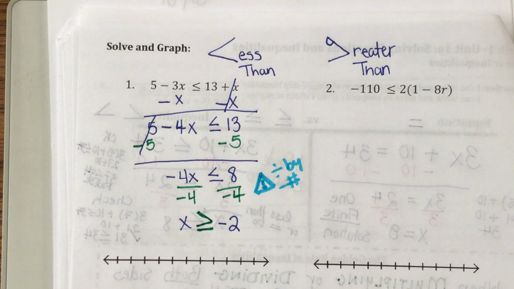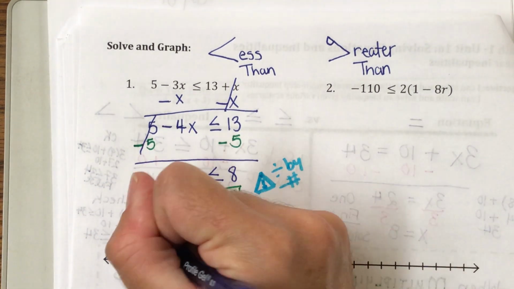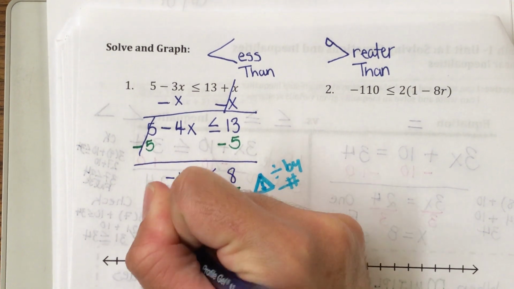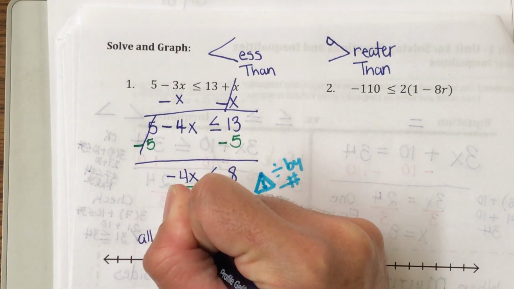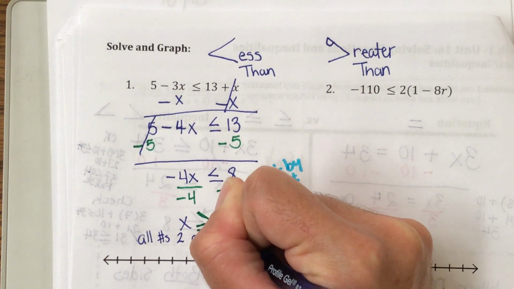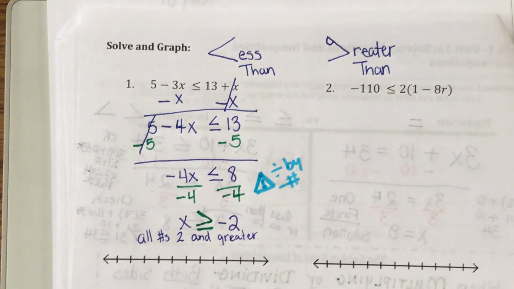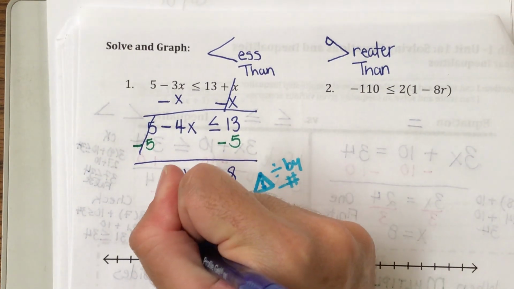So x is greater than or equal to negative 2. In other words, it's all numbers negative 2 and greater for your solution.